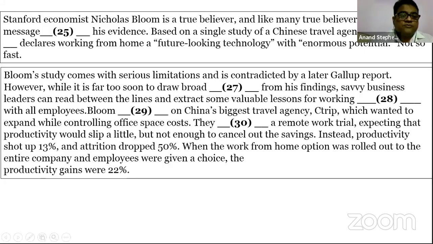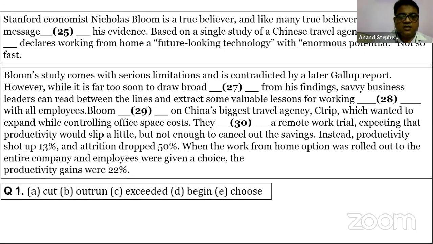Stanford economist Nicholas Bloom is a true believer, and like many true believers, he lets his message dash his evidence, based on a single study of a Chinese travel agency. So question number 1. We have 1, 2, 3, 4, 5 choices for this.